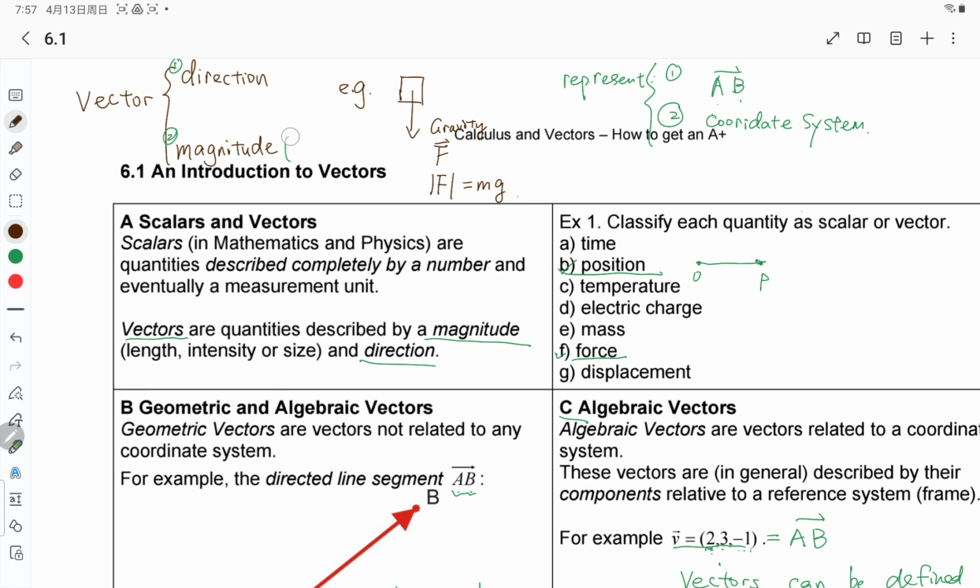Yeah, just get used to this language. Whenever it is asking you the magnitude of something, don't get confused, it's just asking you the length, right? So if you have any line, they have a magnitude. Any line segment has a magnitude, how long it is, and if they have an arrow meaning direction, then it just becomes a vector. It's as simple as that.